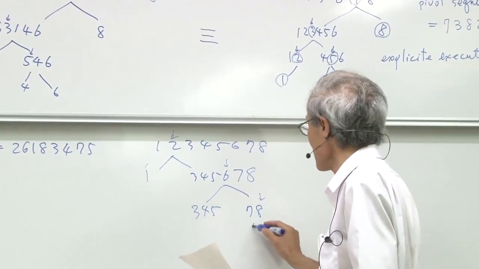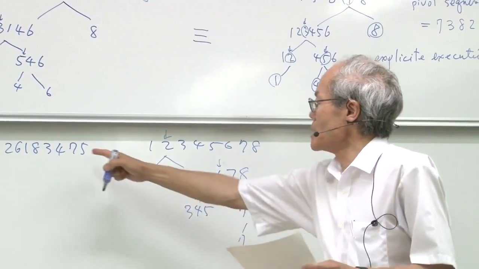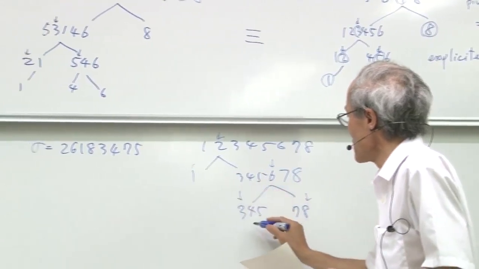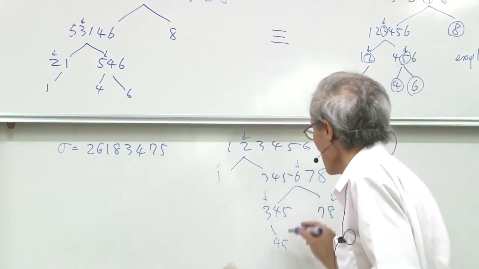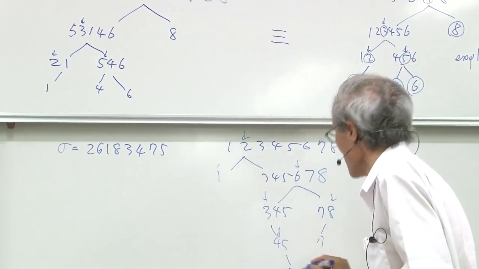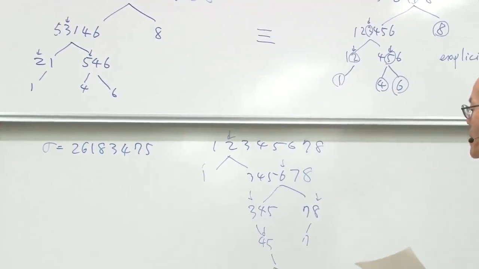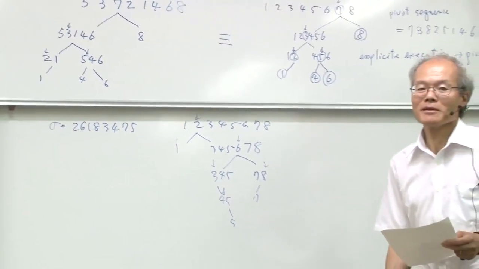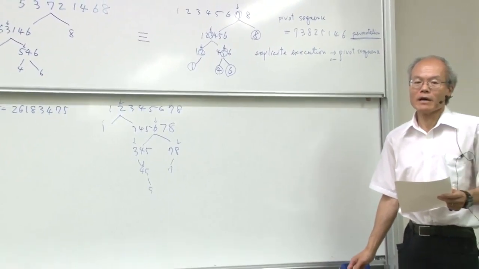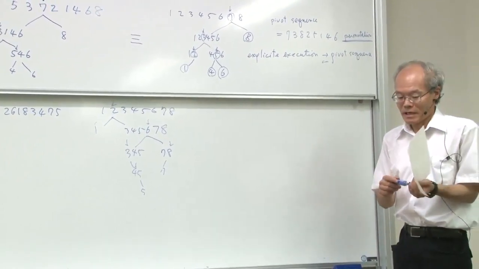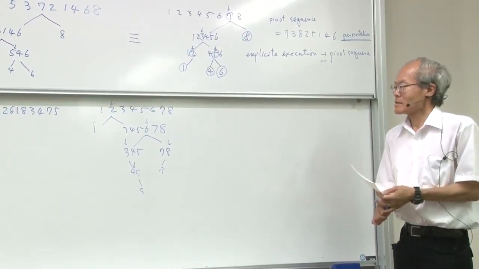Then this is a 7. Now 3. Then 4, 5. Okay? So this is the execution sequence of quicksort.